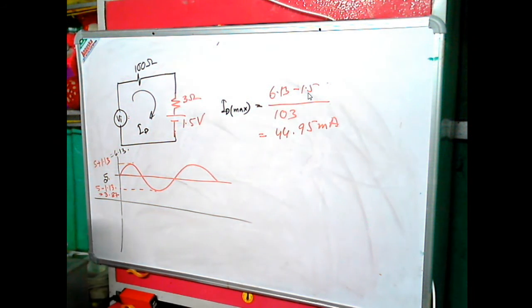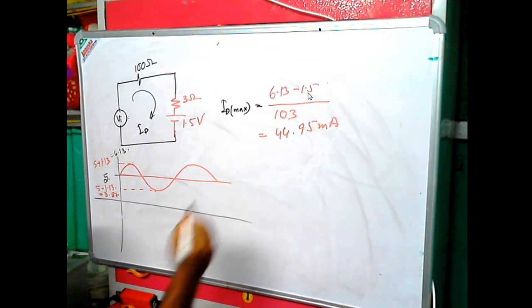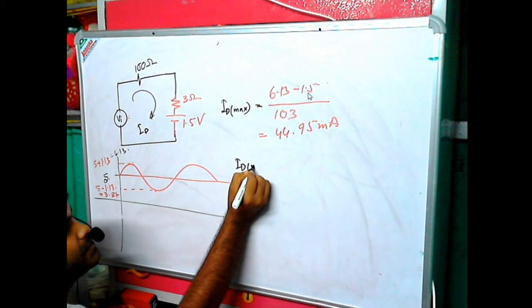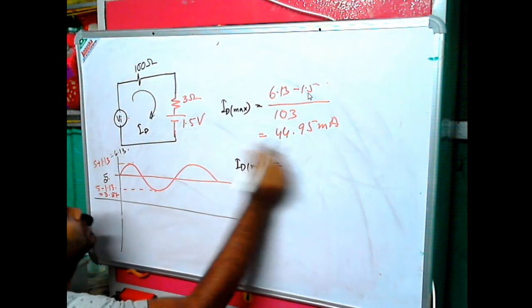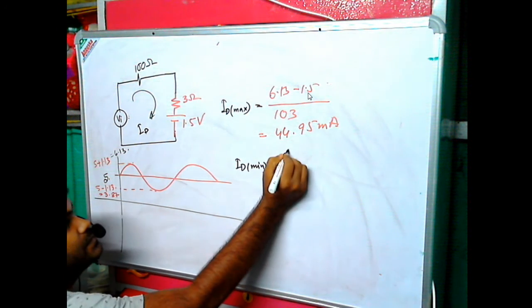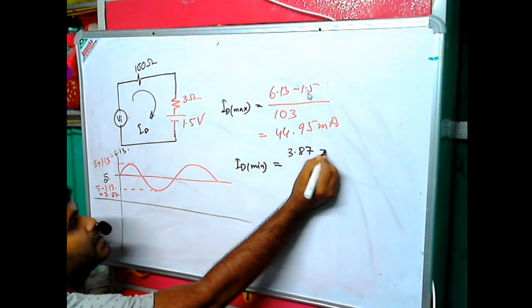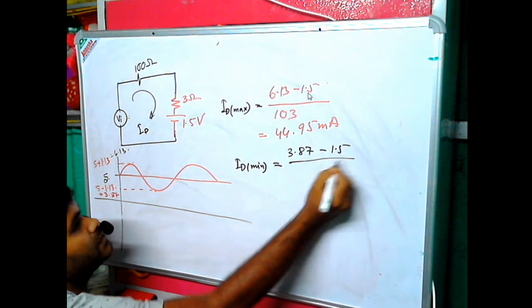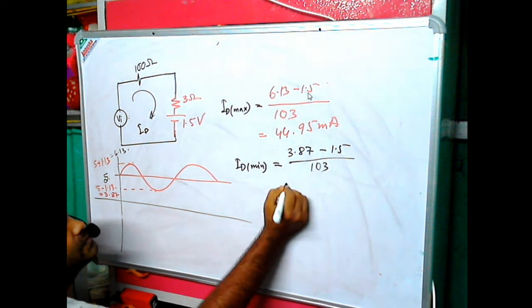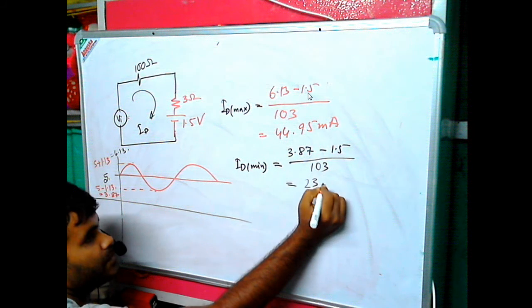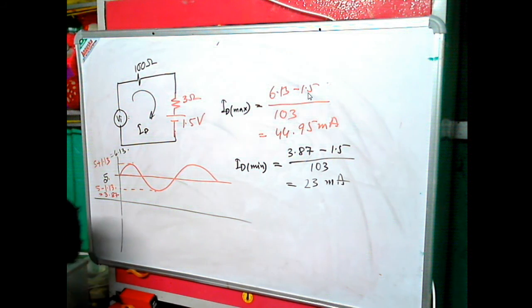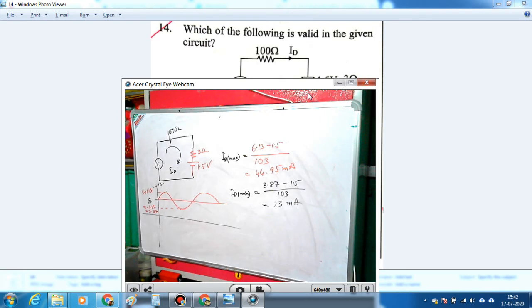Now you can calculate the minimum value of current, ID minimum, with this minimum voltage over here, it is 3.87 minus 1.5 divided by 103, same. So it will be 23 milliampere.